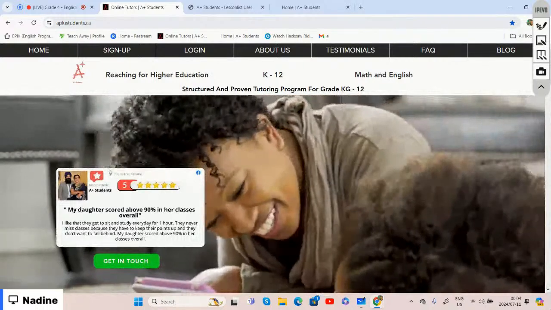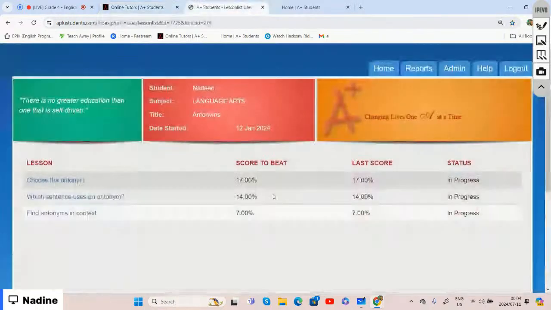Then we scroll down until we get to our chapter of antonyms.